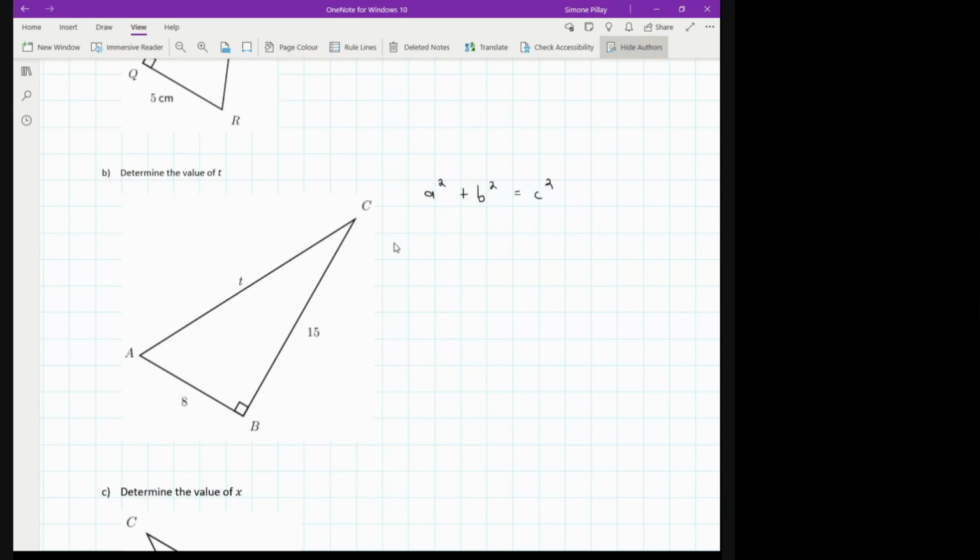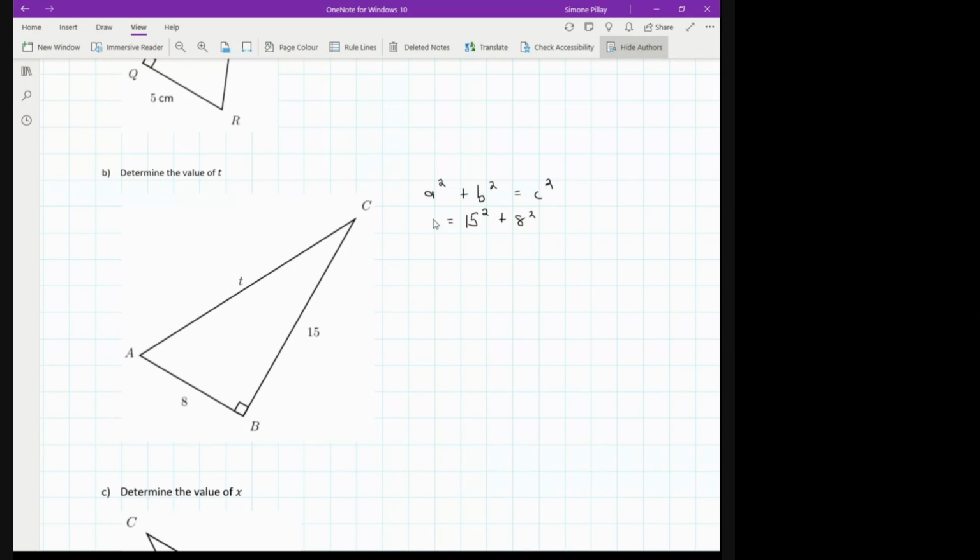It all depends on how you sub. So tell me how you're gonna sub. This is T. T is equal to 15 squared plus 8 squared. And is it just T?